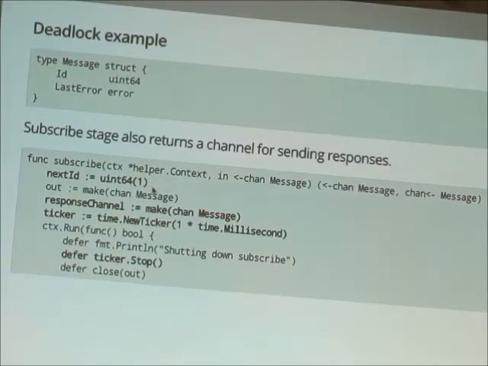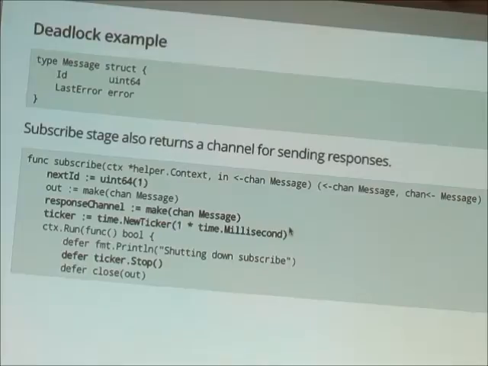In this case, just to make this simple, I just have a timer. Every millisecond, we're going to output a request onto the output. You can see here we're actually returning 2 channels. We're returning the output channel, and then we're also returning the response channel, which is an input channel.